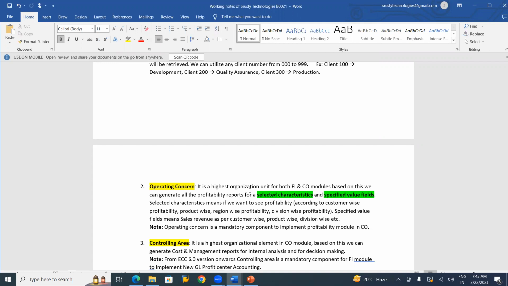The integration will be done after implementation of FI and CO, then we will integrate with MM and other modules of SAP.